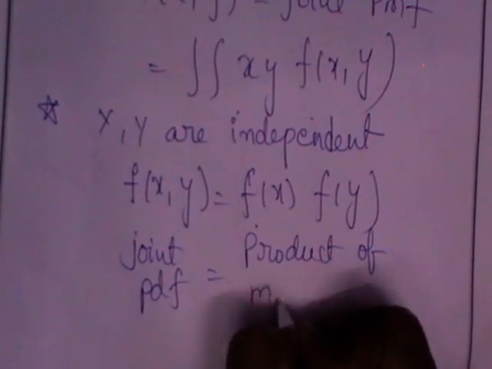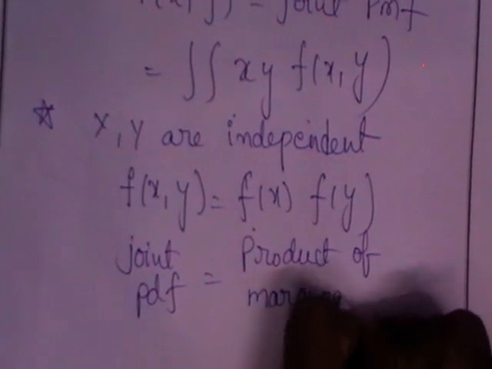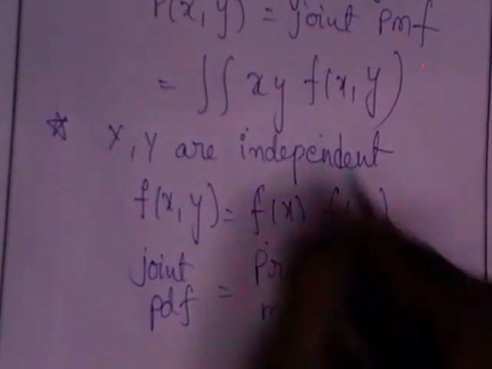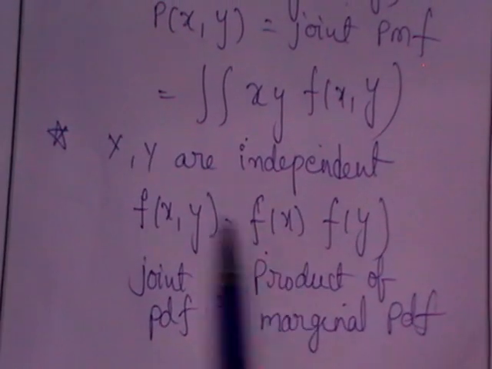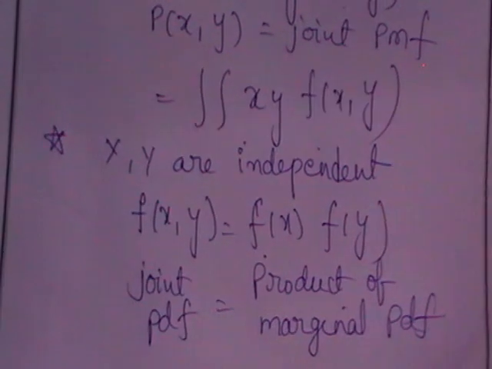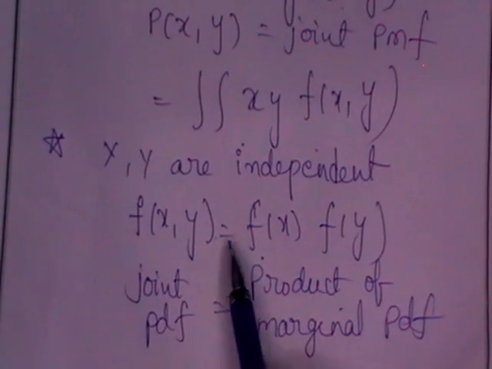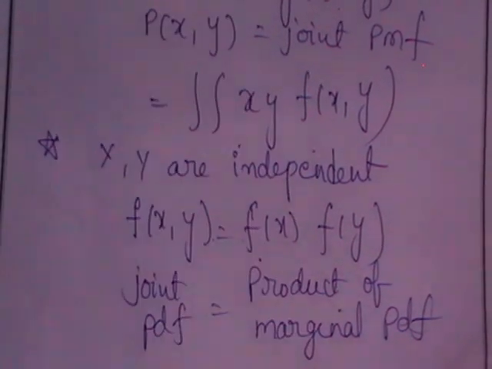Marginals means individuals. Whenever they are independent variables, the joint PDF can be written as the product of the marginal PDFs. Marginal means for x separately, y separately. When they are dependent, you cannot write those two as f of x comma y equal to f of x into f of y.